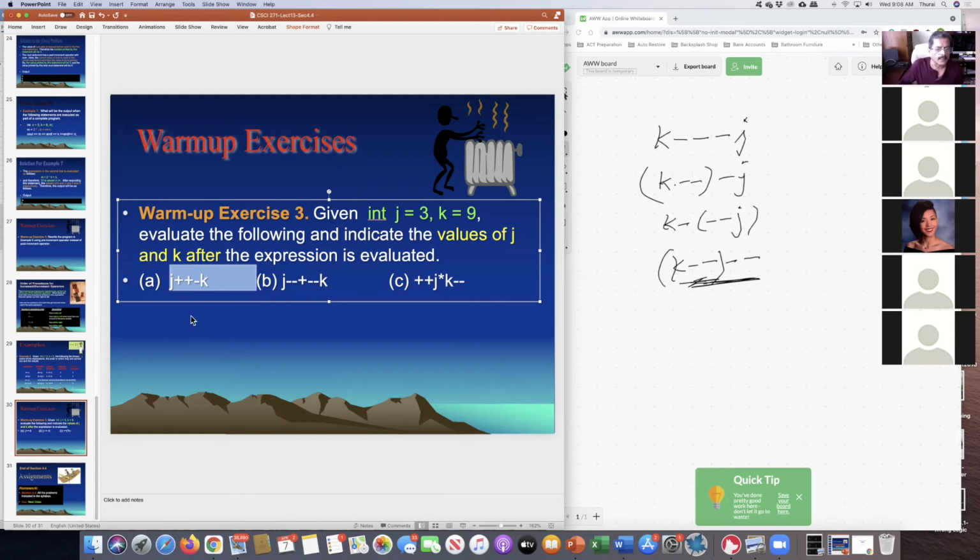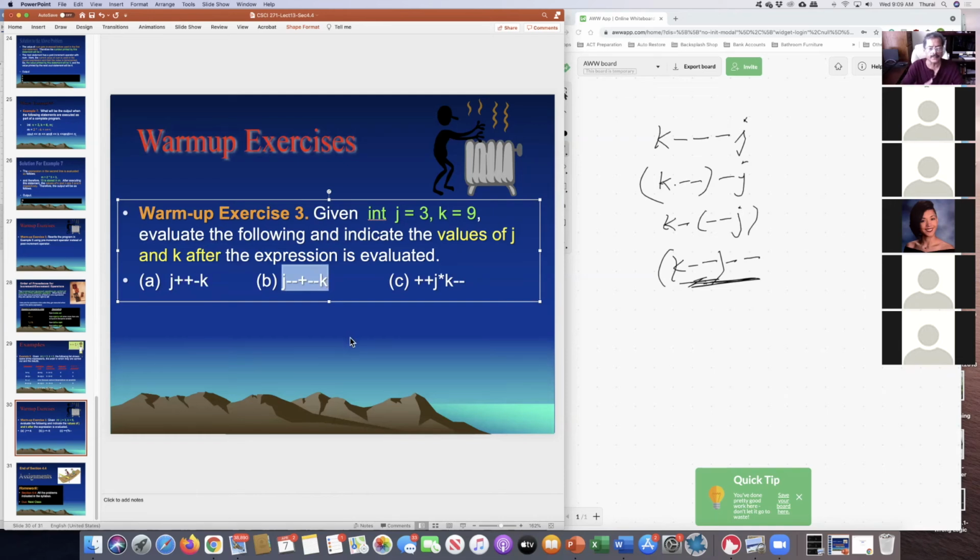Let me explain why it's -6. The current value of J is used here, so 3 minus 9 is what you're doing. So it will be -6, and 4 for J and 9 for K. This one is clear, right? Minus, minus, and then plus, and then minus, minus.